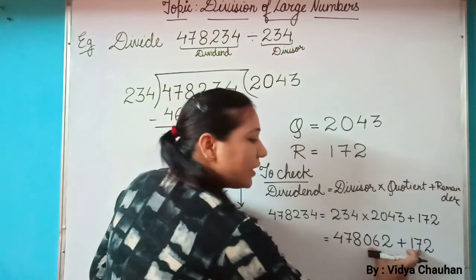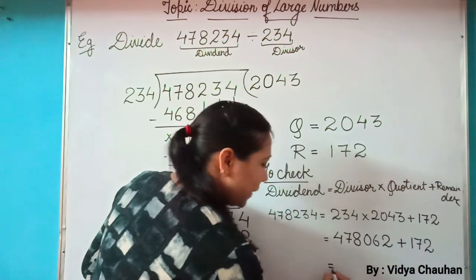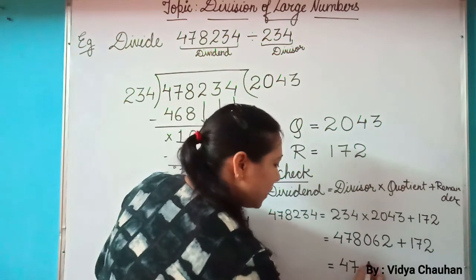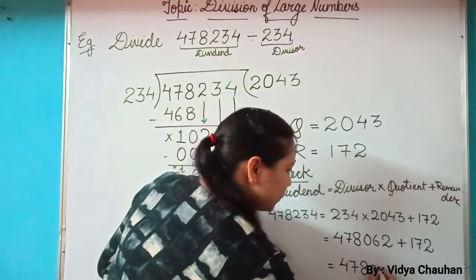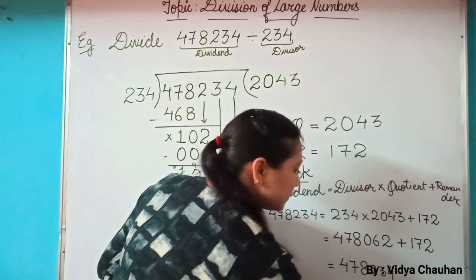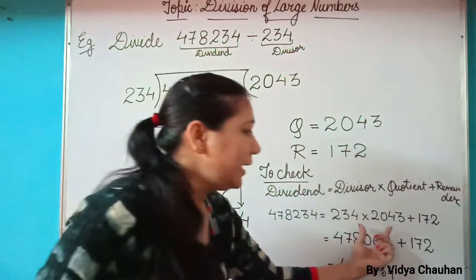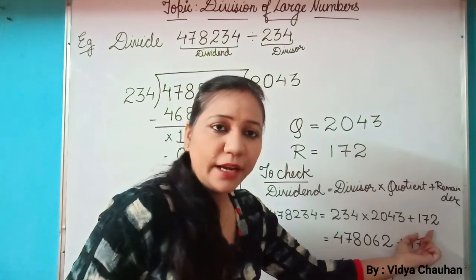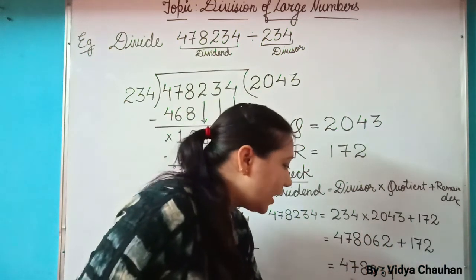And after that, when you add these two terms, you will get your answer the same as dividend. It is 478,234.